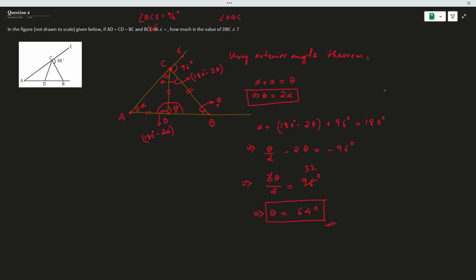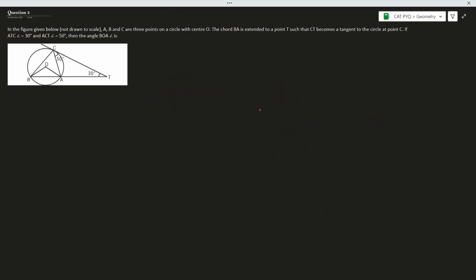Okay, let's move to the next question. So again, question from geometry. In the figure below, A, B and C are 3 points on a circle with center. Oh, okay, C is the center and A, B, C are 3 points on the circle.